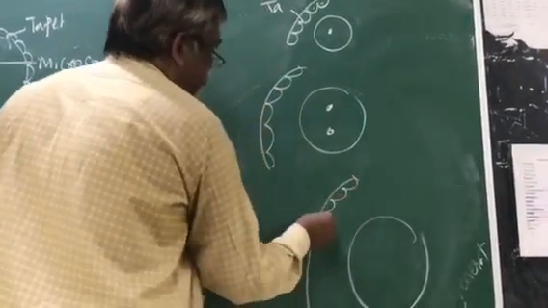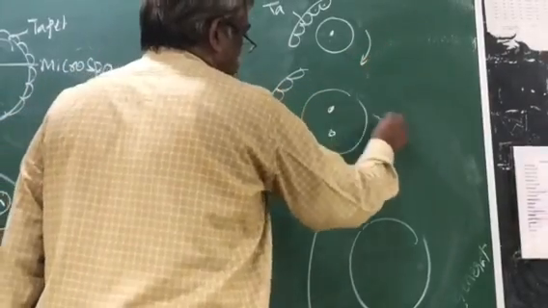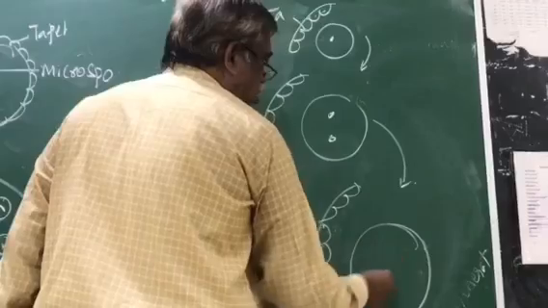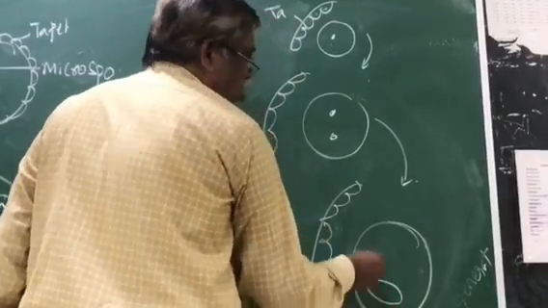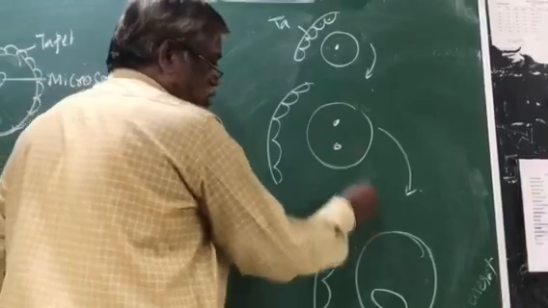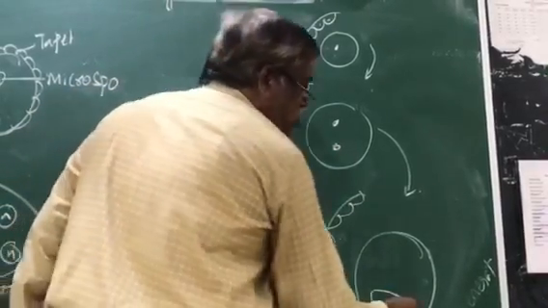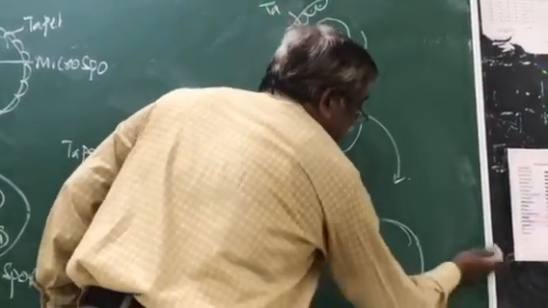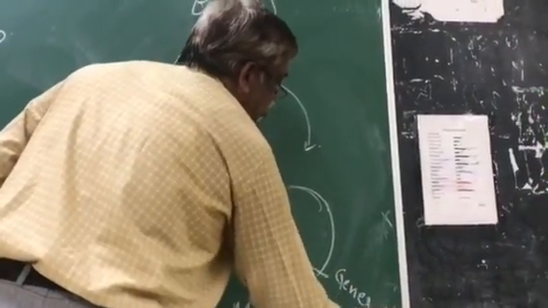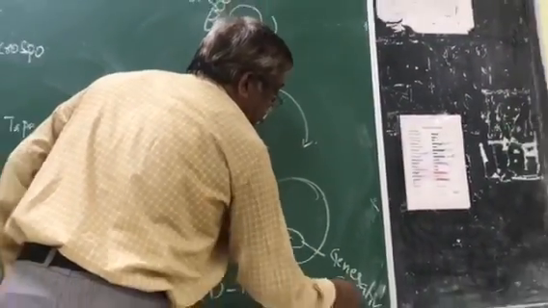Next, see. It is the tapetum. Now it is karyokinesis, binucleated. Among these two nuclei, one nucleus becomes a cell. This is called the generative cell.